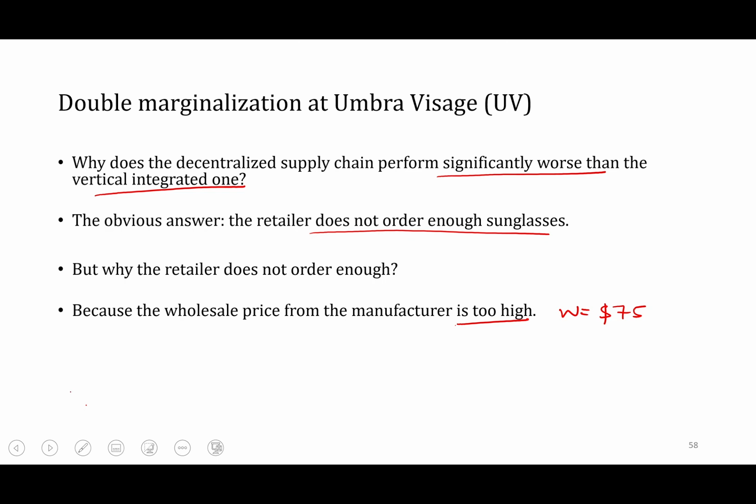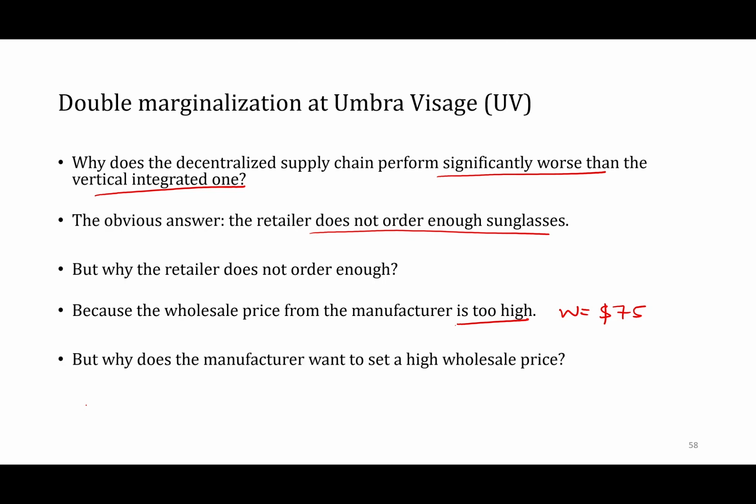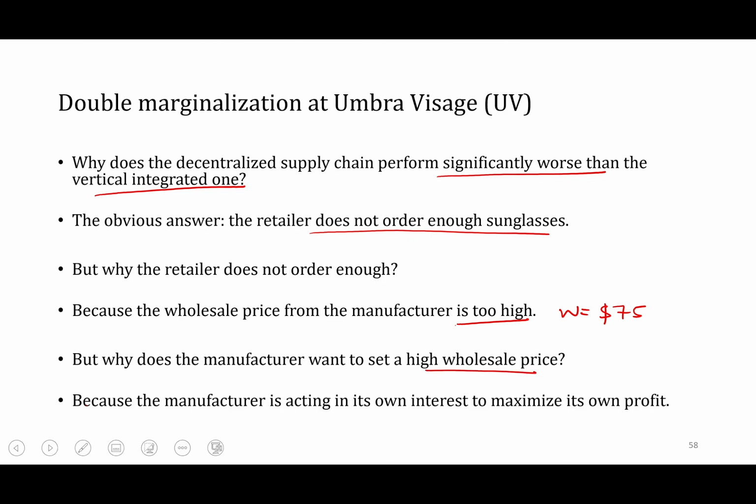And if it doesn't make that much money, it's not gonna have a lot of products in stock. But why does the manufacturer want to set a high wholesale price? Because it's also trying to make its own profit, maximize its own profit. It's acting in its own self-interest and it's trying to maximize its own profit. Okay, everybody clear? All right.